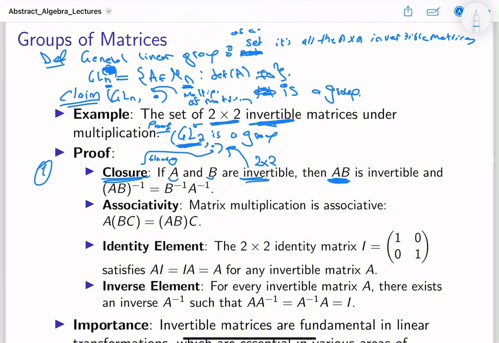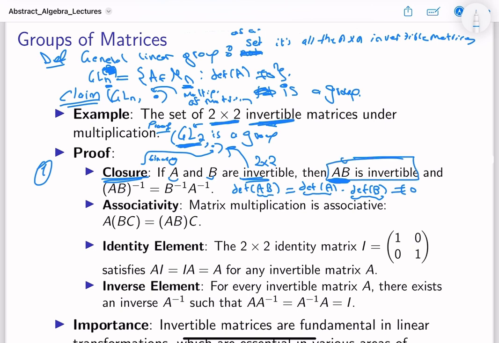But what does it take for AB to still be in GL2? Well, it has to be invertible, right? So I remind you here, the determinant of AB is equal to the determinant of A times the determinant of B. This is from linear algebra, but if this is not 0 and this is not 0, then this whole thing is not 0, and thus the matrix AB is invertible.